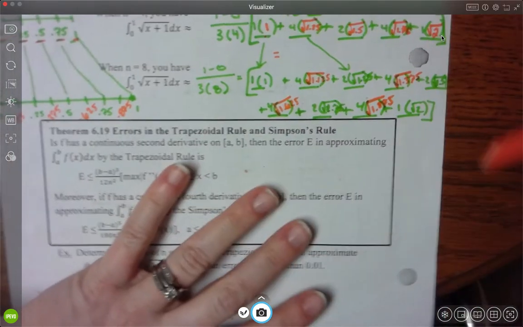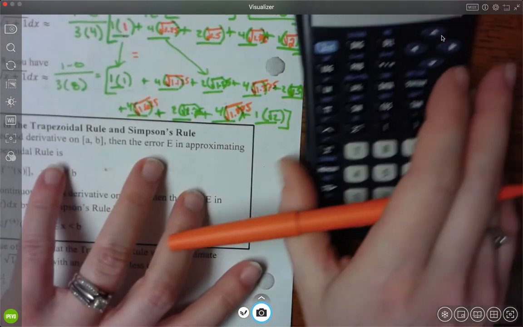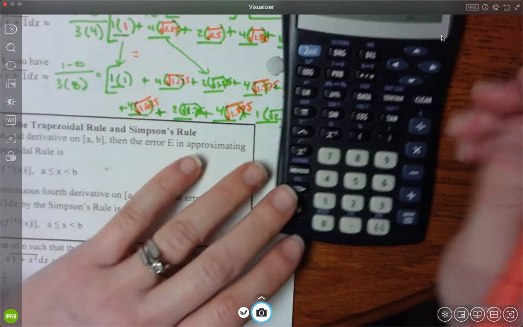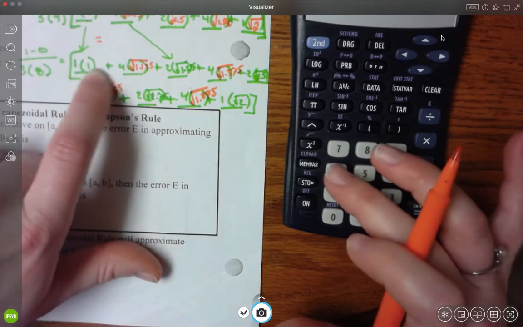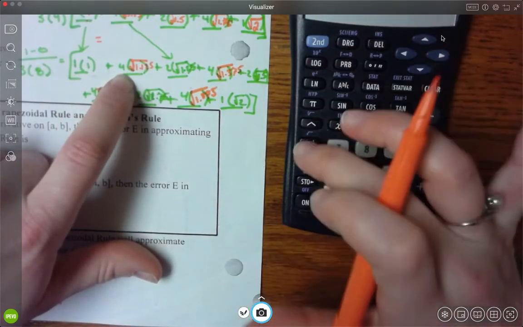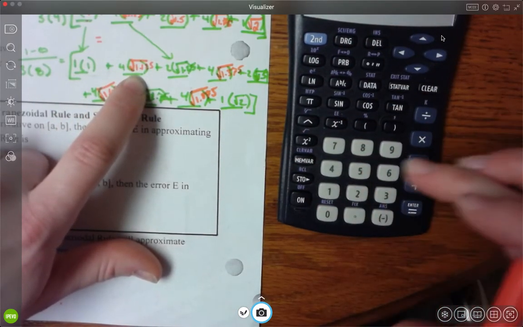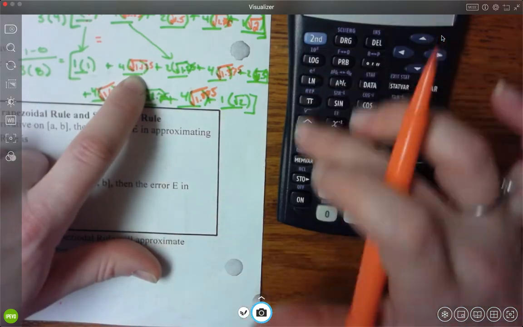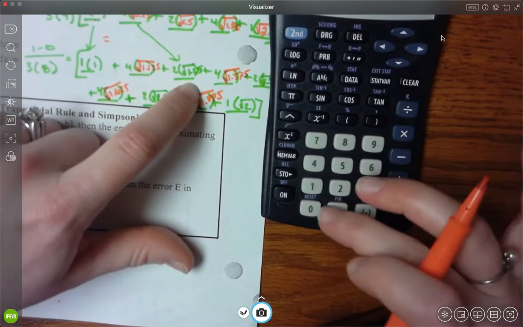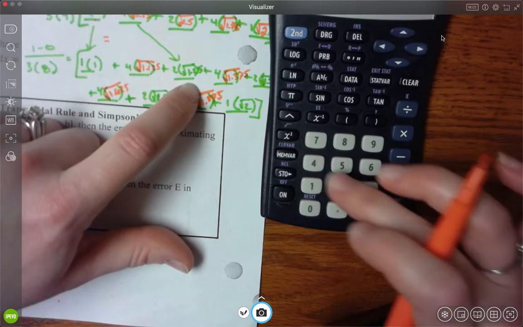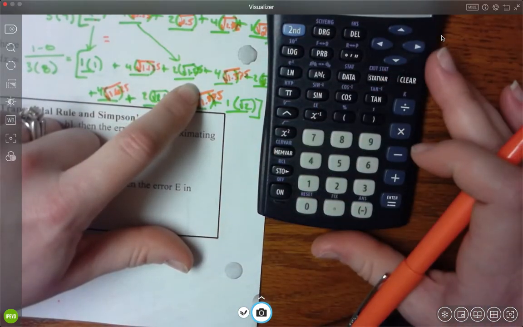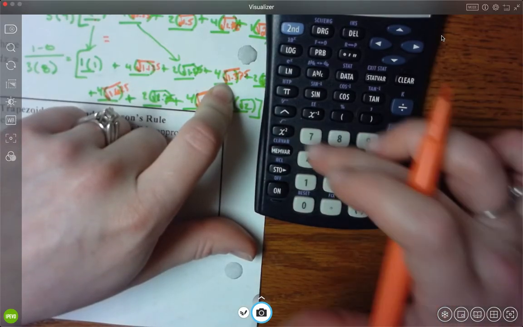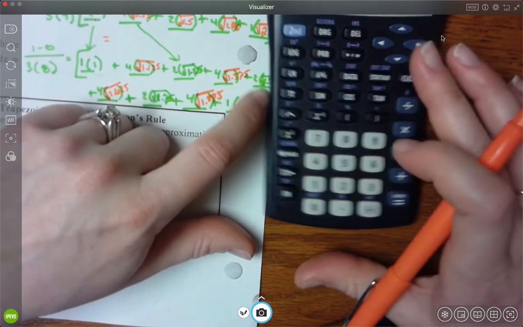Okay, so this one's kind of a little bit more tedious because I have to type in all my numbers now again. Okay, so first number is 1 plus, then I have 4 square roots 1.125 plus 2 square root 1.25 plus 4 square root. I really hope I don't mess any of this up because this is a lot of numbers to have to retype.